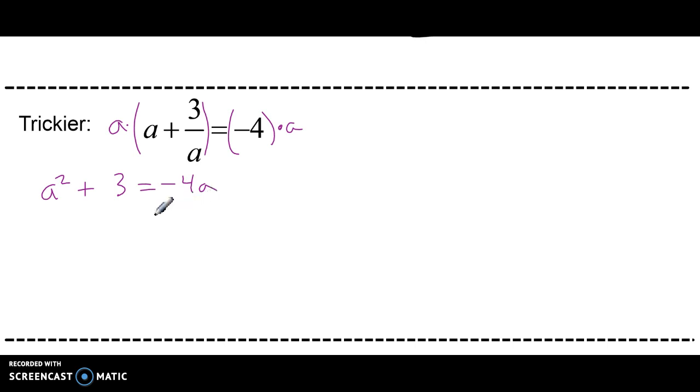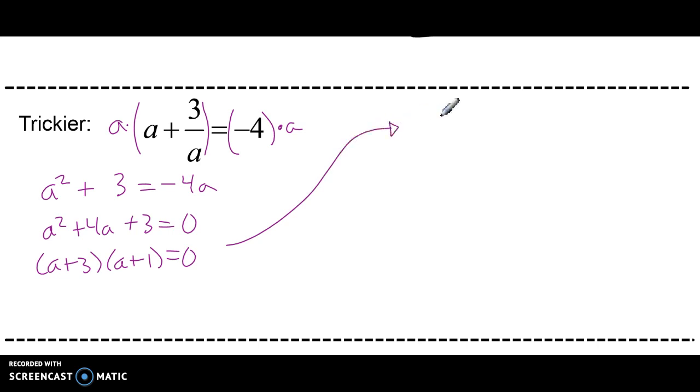Get the thing equal to 0 by bringing that 4a over to this side. Then factor it. A plus 3, a plus 1. That breaks up into two separate little equations, and you solve each little equation.